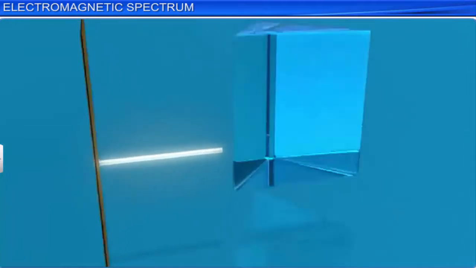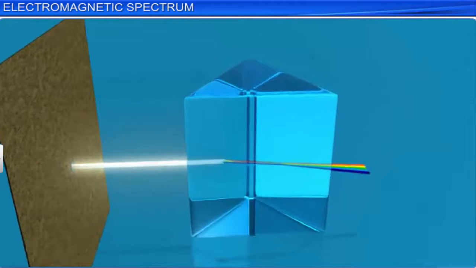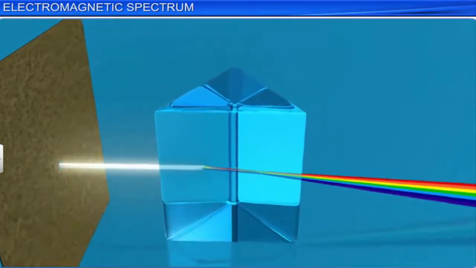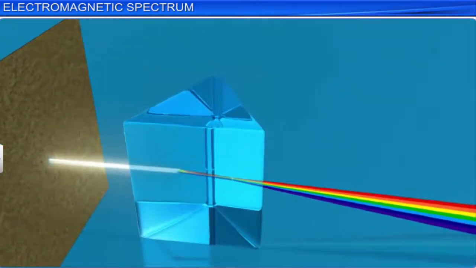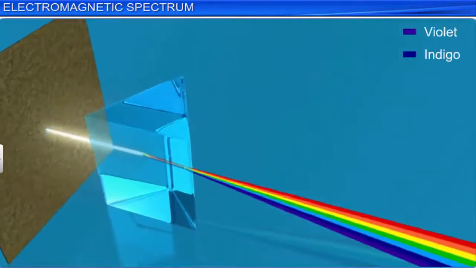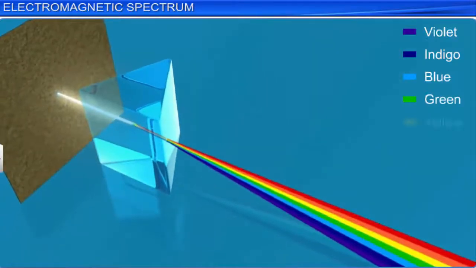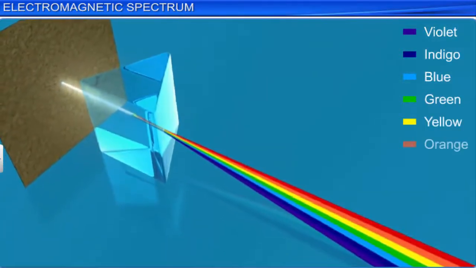You know that when sunlight is passed through a prism, you see a visible spectrum, which consists of mainly 7 colors, namely violet, indigo, blue, green, yellow, orange and red.